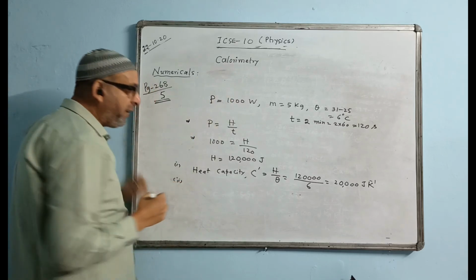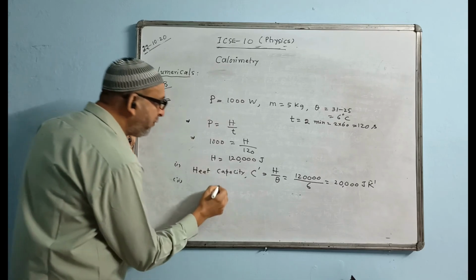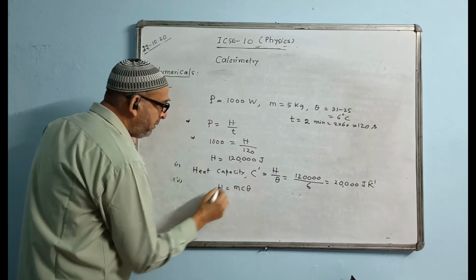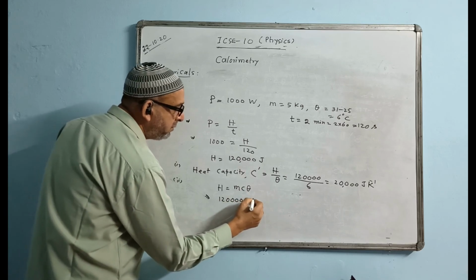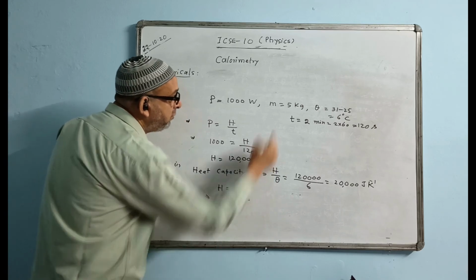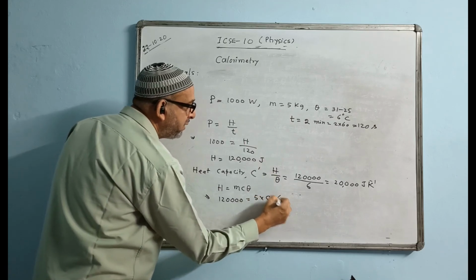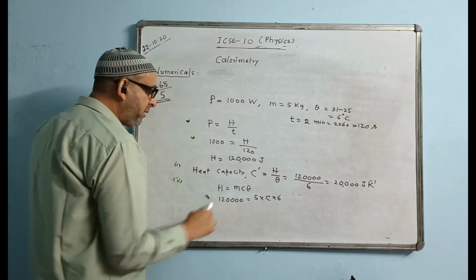Second part now, you have to find the value of the specific heat capacity. Once again you can use the formula of heat. H formula is mc theta. Heat value you can put 1,20,000. Mass is given to us, 5 kg. C we have to find, theta is 6. We can find the answer here. 5 sixes are 30 and this will cancel.